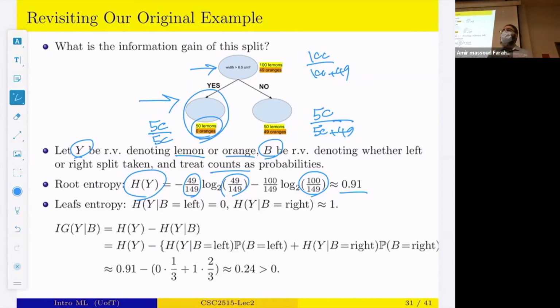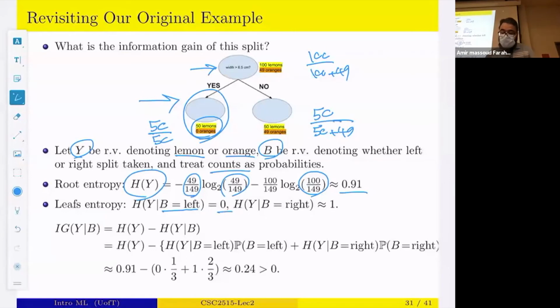But now we compute the entropies of the leaves after the split, which depends on whether we take the left region or the right region. When we choose the left side, the entropy would be 0, right?